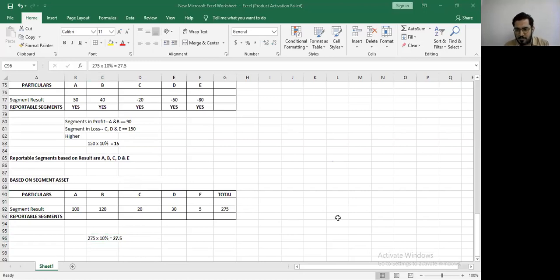Based on this, tell me, is segment A reportable? Yes, segment A will be reportable.